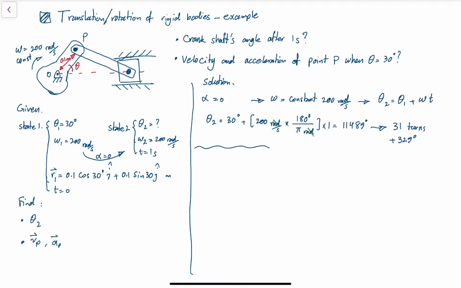About part 2, I need to find velocity of point P when theta is 30 degrees. So at that state 1, I know Vp in a very nice compact form. I can write it as omega cross r in vector form. And to help me, I kind of implicitly did this, but let me be more explicit. I am taking this as my x, this one as my y, and z is coming out of the page.